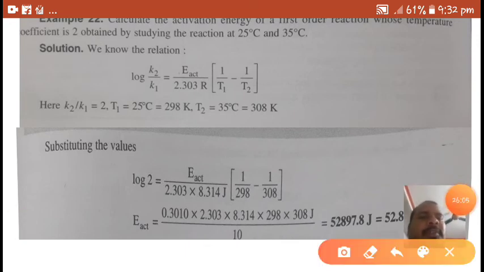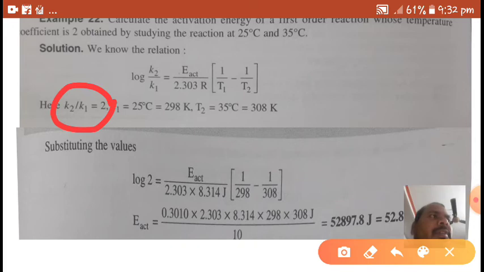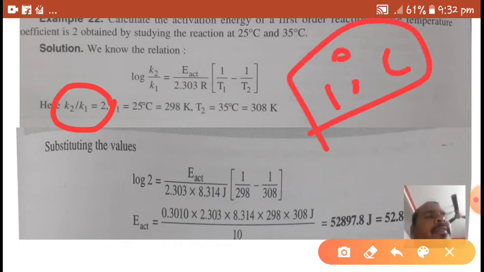K2 by K1 is called the temperature coefficient. These are rate constants which differ by 10 degrees centigrade temperature.